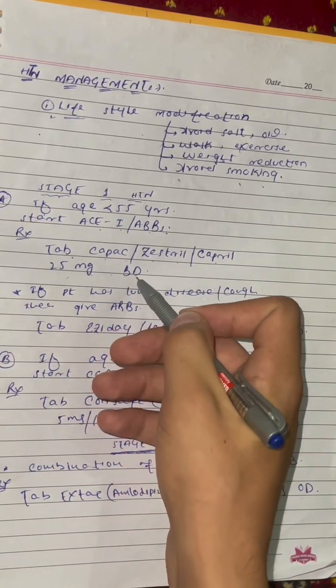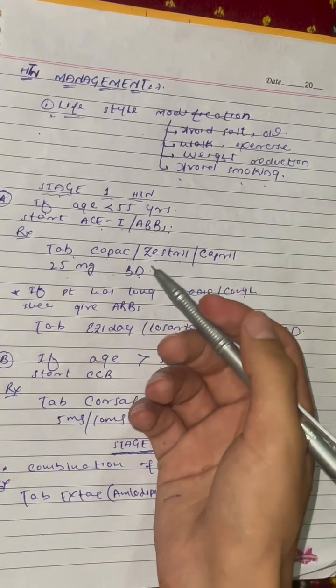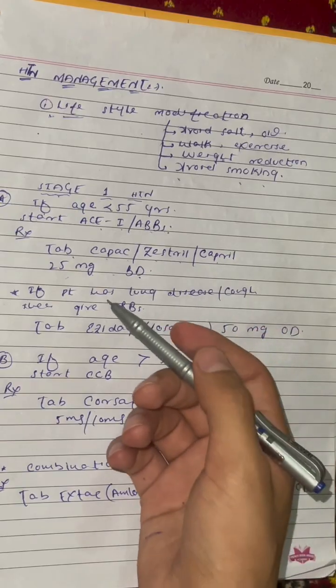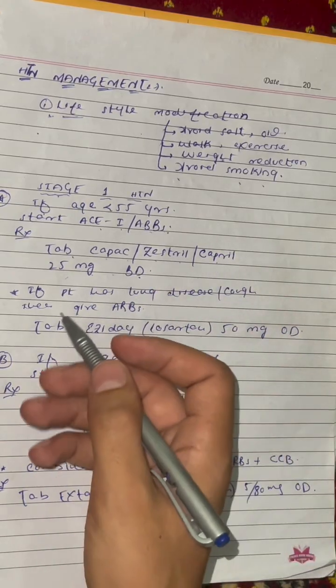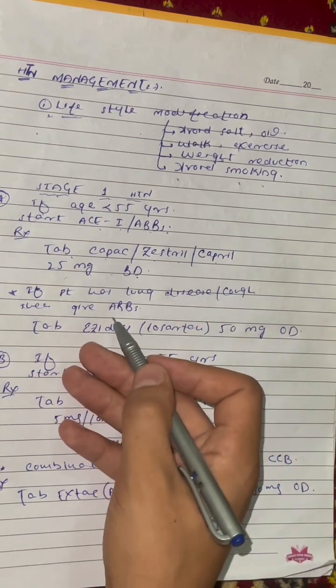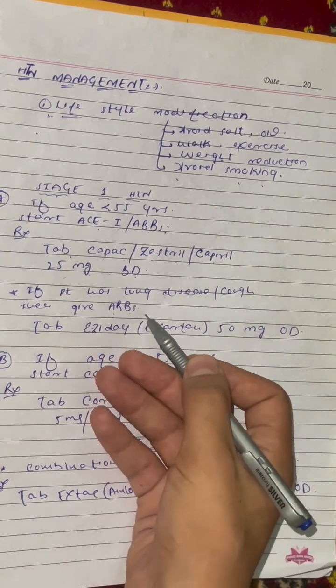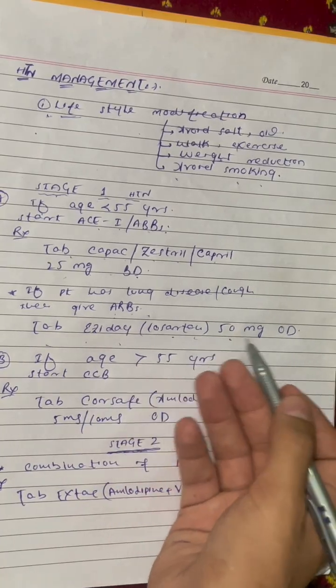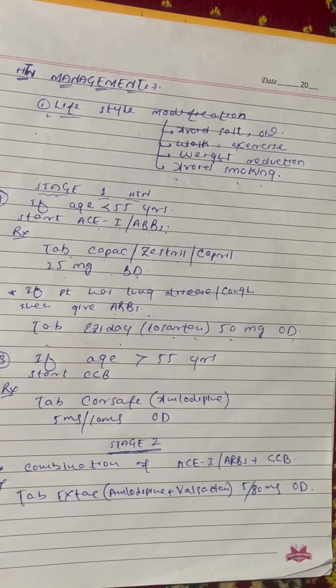But remember that in case of lung disease or cough, we cannot give captopril or any ACE inhibitor because it enhances cough. So if the patient has lung disease or cough, then we will give angiotensin receptor blockers. It is Tab Azide, which is basically losartan 50 milligram OD.